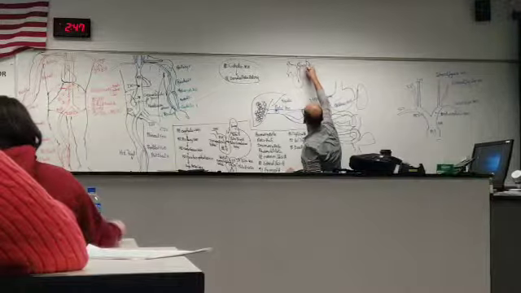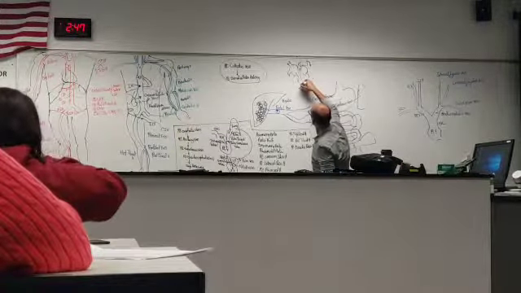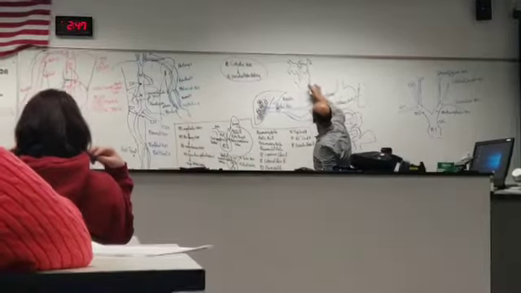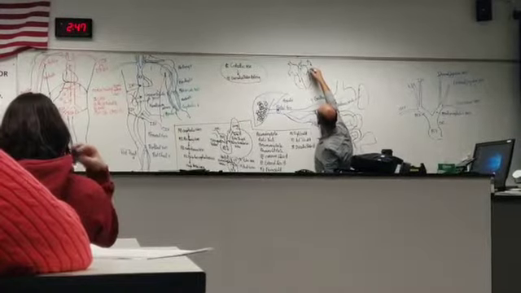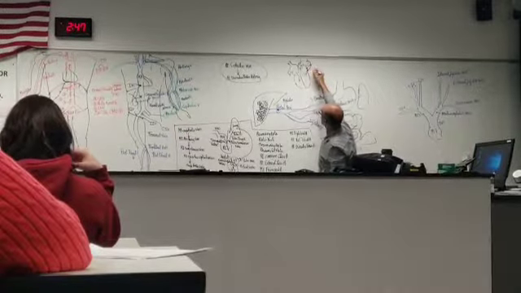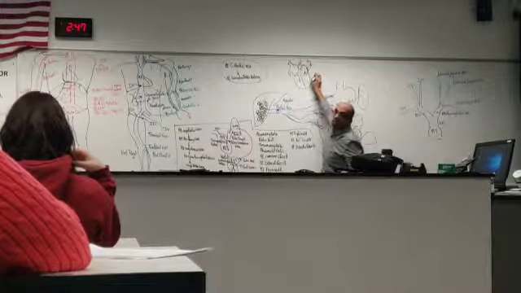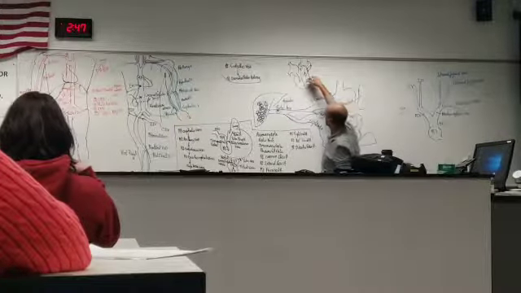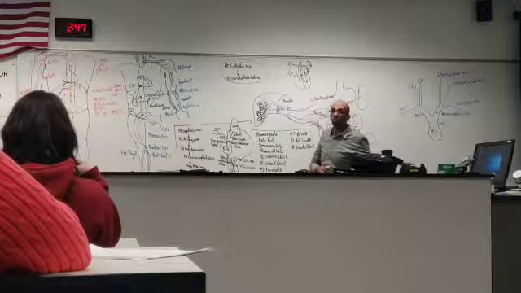Yes? And then you're going to get the blood back, but this time it's going to be oxygenated, from the lungs to here. This would be my pulmonary veins. This will bring the blood into my left atrium, that moves down from the left atrium to the left ventricle, and then will be pumped out into my aorta.